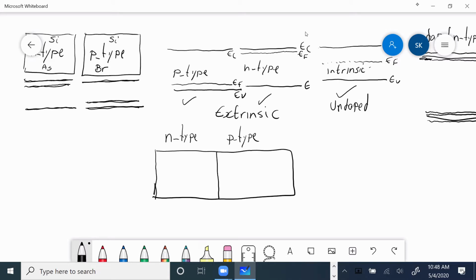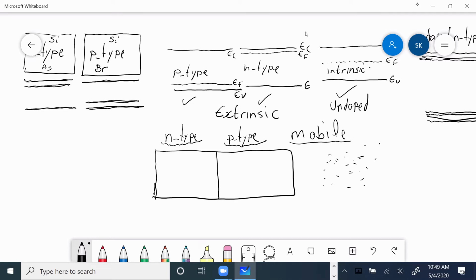So don't forget, this N-type semiconductor was full of electrons. This P-type semiconductor was full of holes. But the electrons and holes are obviously mobile because they are free carriers in there. Now, free carriers have mobility. That means all these electrons in this material can actually move.